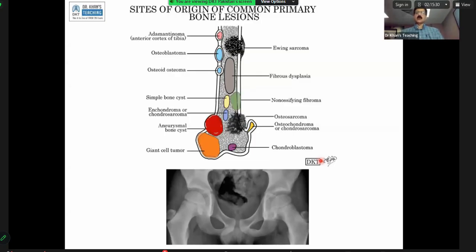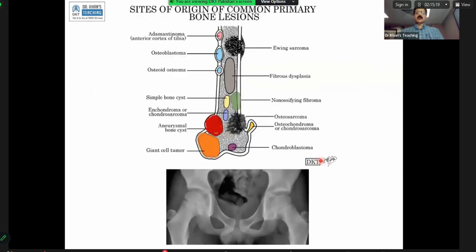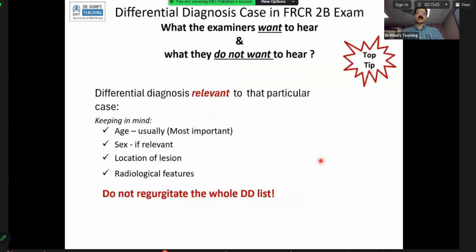You will call them. You know they take it very seriously because within a day or two, the cartilage etc. will be destroyed. So the relevant differential diagnosis in this case, I think you were not off the mark because you did consider ABC and non-ossifying fibroma, but because of the factors which I just discussed, both of them can be disregarded.